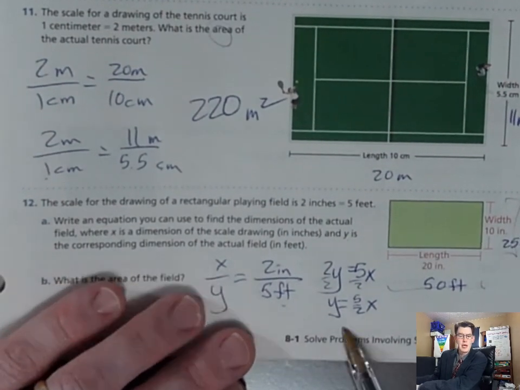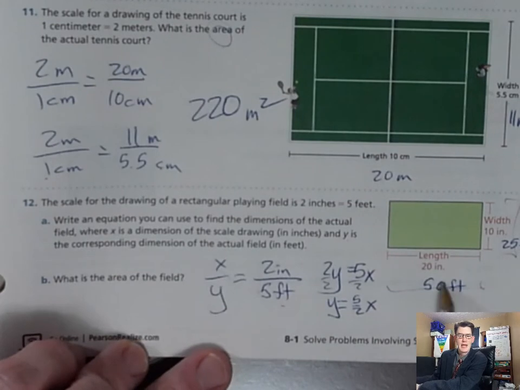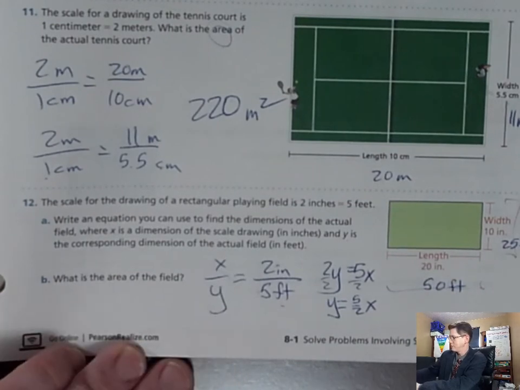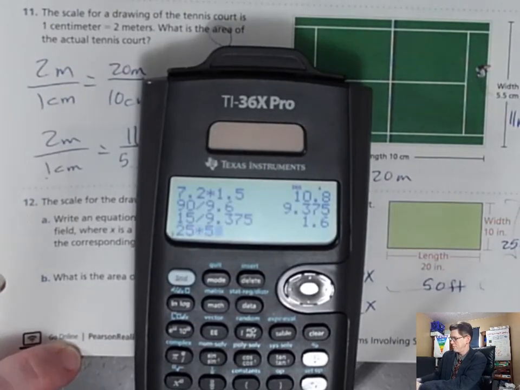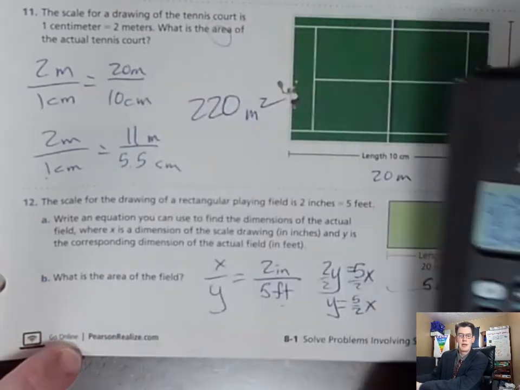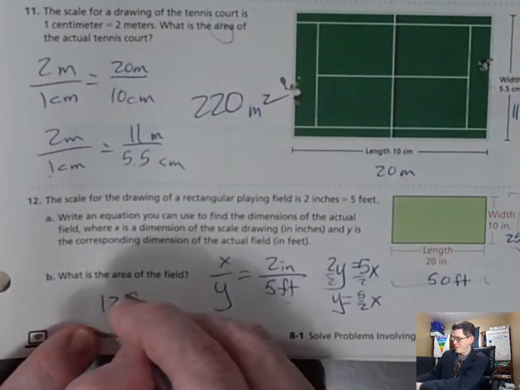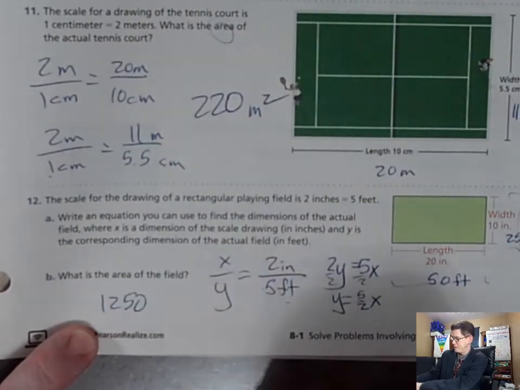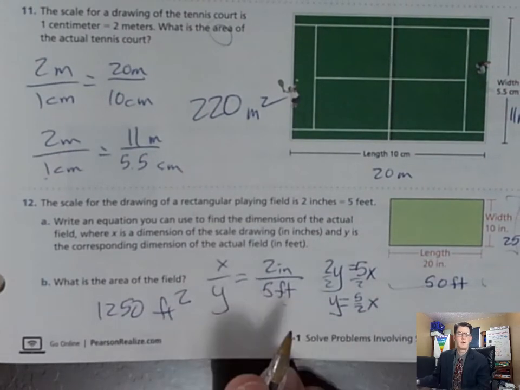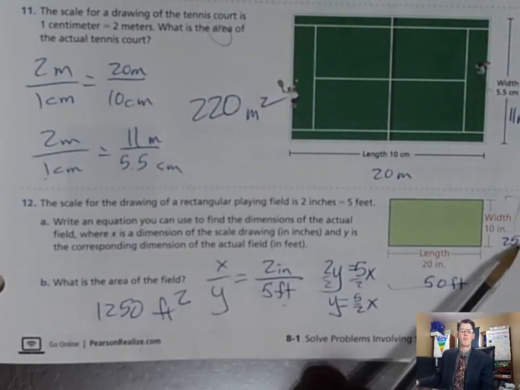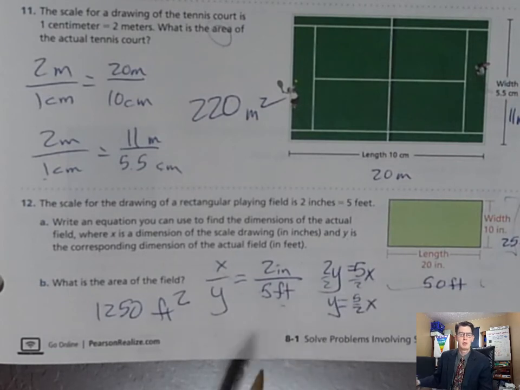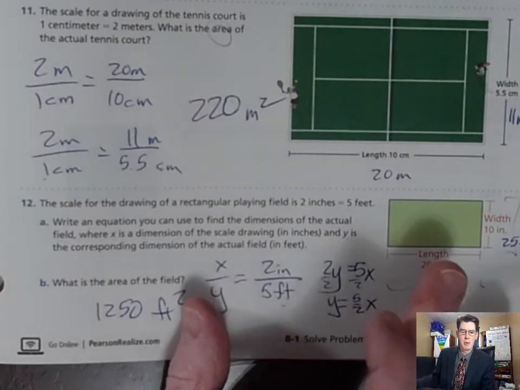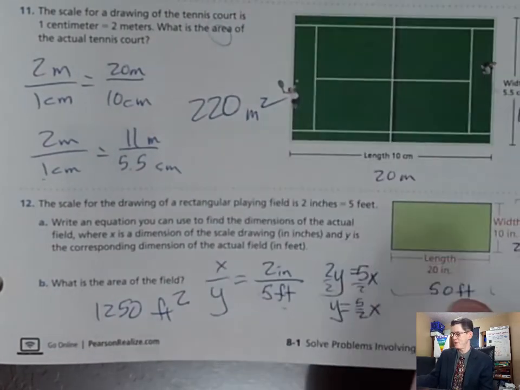You can work those out on your calculators by putting those in for x. Then you can find the area by multiplying those two together. The area is 1250 feet squared. These problems where they're asking you to do multiple steps in this problem make it extremely difficult, yes.